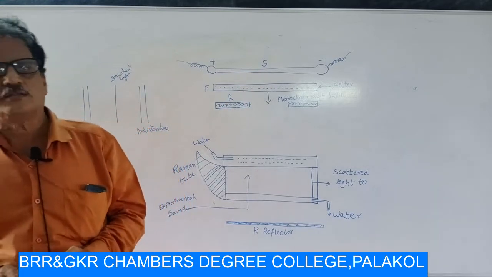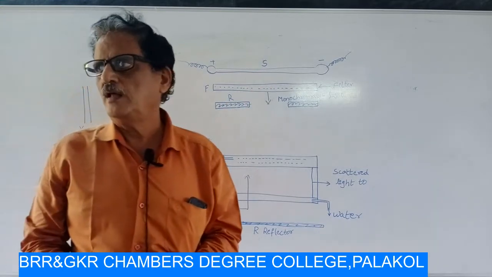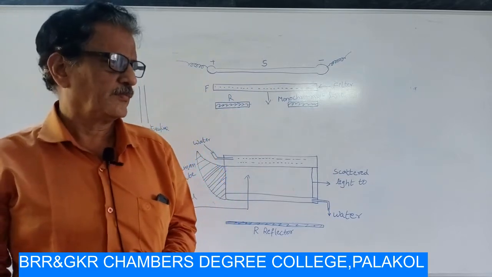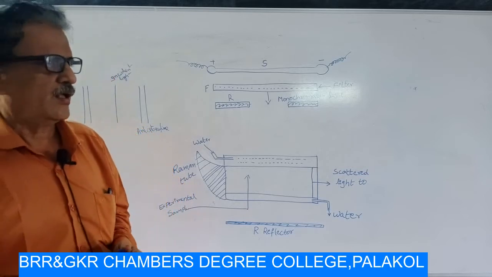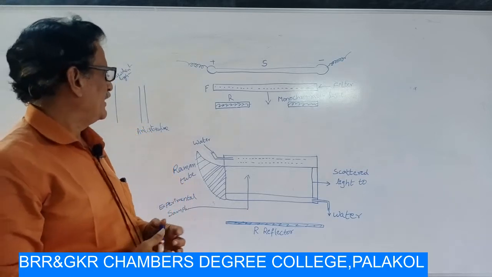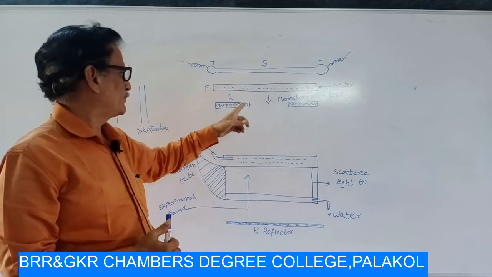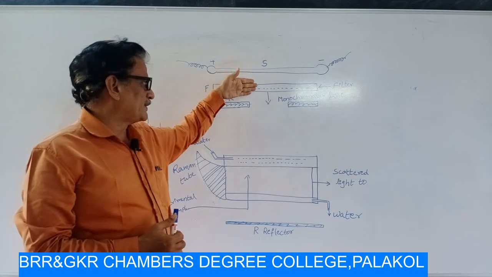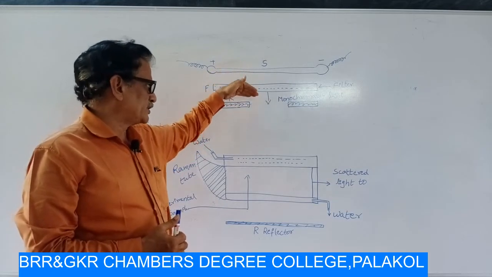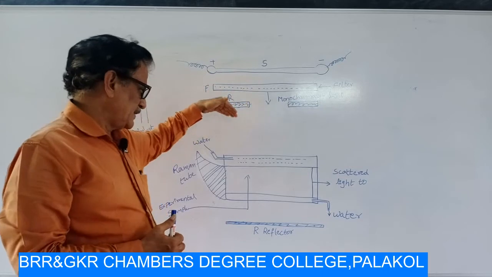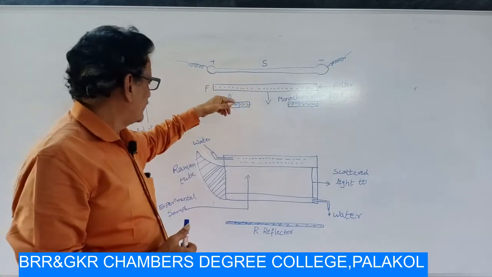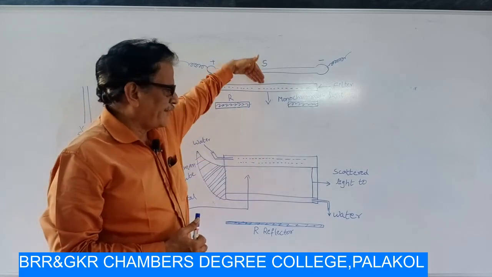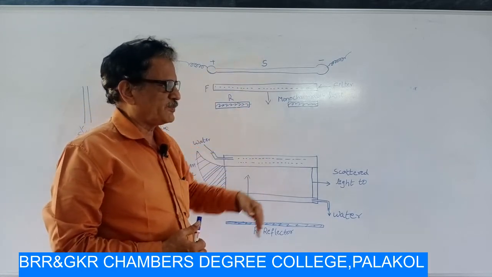Monochromatic means light having a single frequency or single color. F is a filter. So, monochromatic light is allowed to pass through the filter, and light with a single frequency is allowed to pass through the Raman tube normally. Normally means in the perpendicular direction.